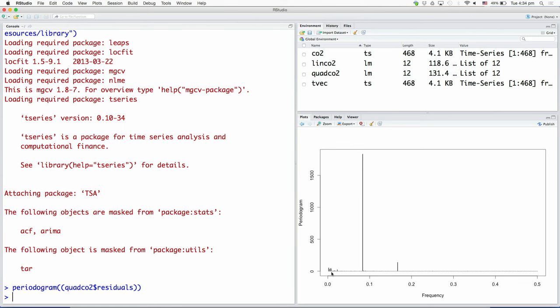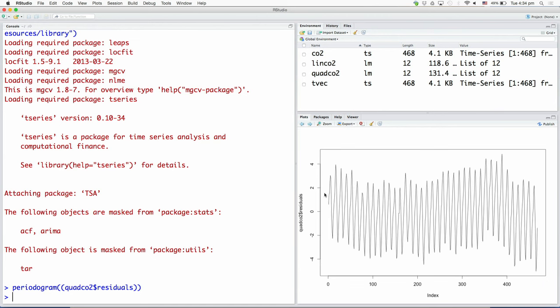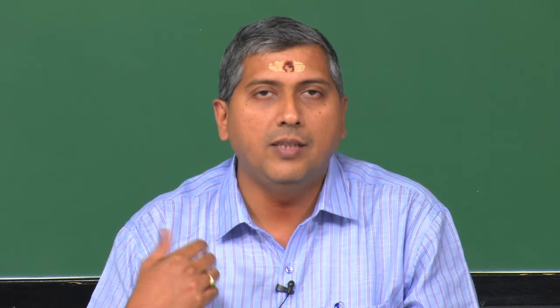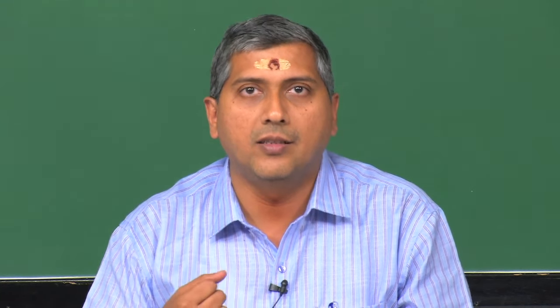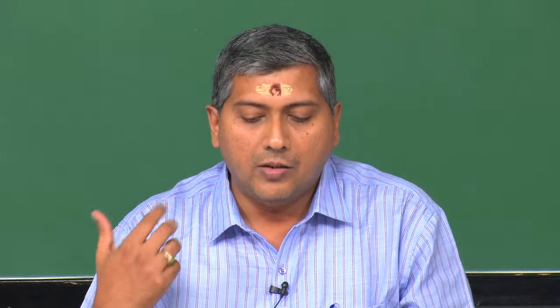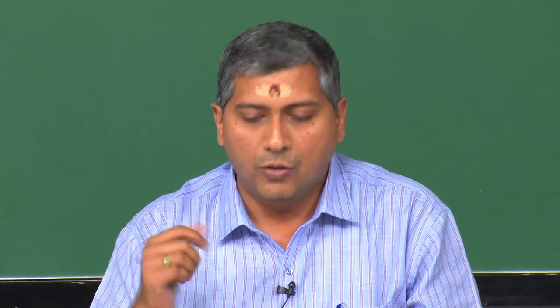Even our visual analysis in fact revealed that. If you go back to the plot, there seems to be some kind of cubic trend. In fact, if you fit the cubic one, I should tell you that you will find the A3, that is the third coefficient, and the fourth coefficient also being significant. So, try fitting the cubic one and the fourth order one and see what the analysis tells you, whether the trend is indeed a third order or a fourth order polynomial.